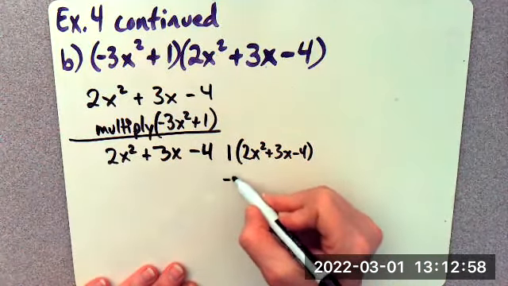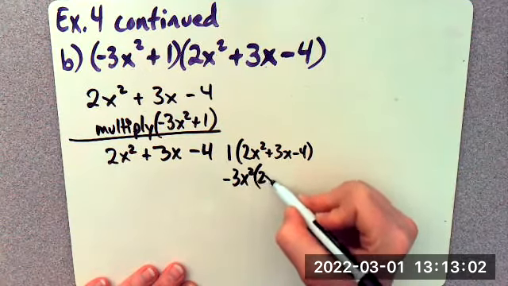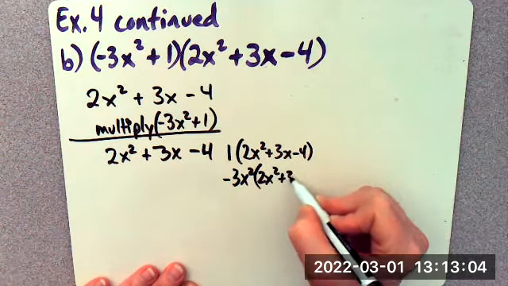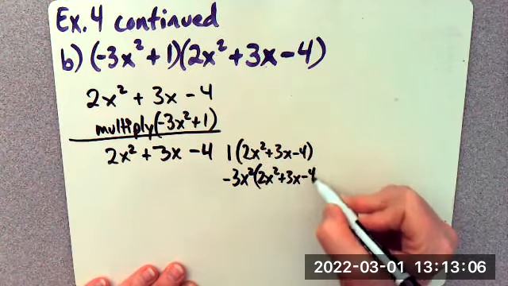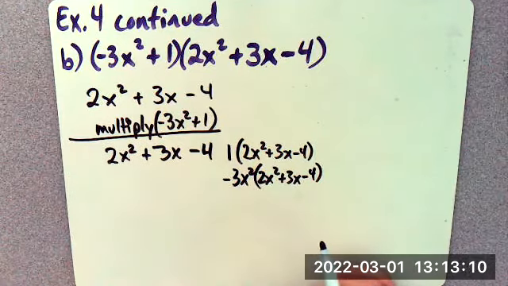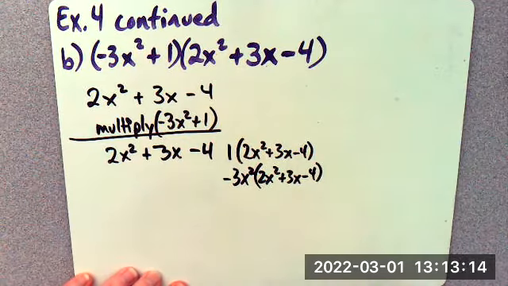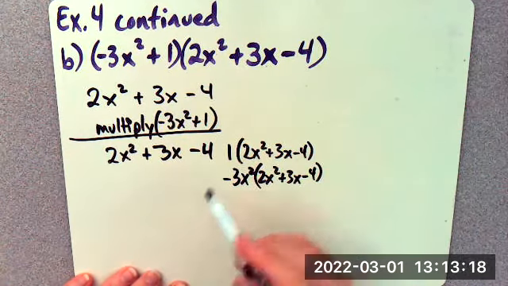So we have negative 3x squared times 2x squared plus 3x minus 4 again. This time we have to shift to get it to land right underneath the like term. So when we add them together, it's already done for us.